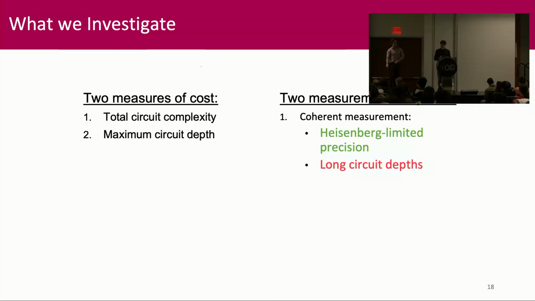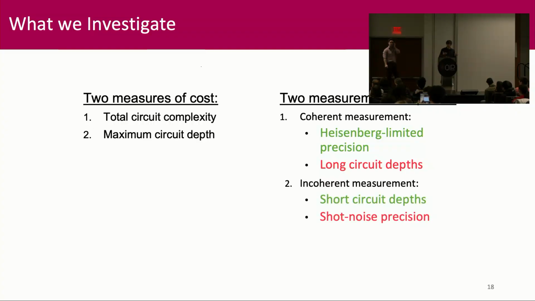This has the benefit of achieving Heisenberg-limited performance in the precision, so it's optimal in the generic case, but requires relatively longer circuit depths, uninterrupted computation. In contrast, you could simply do repeated measurements in order to get your expectation value, coming with quadratically worse error dependence. However, we can do shorter circuits just by repeating the same basic circuit over and over again.